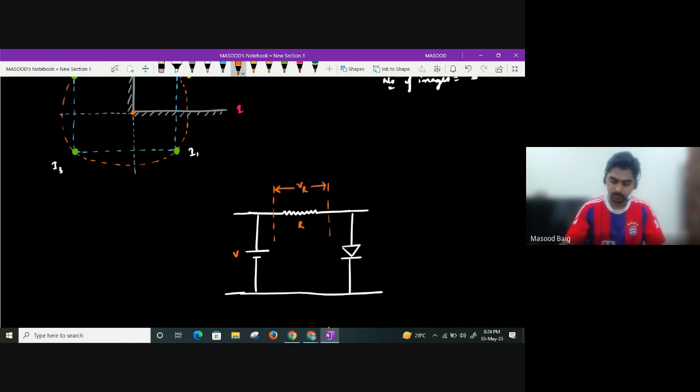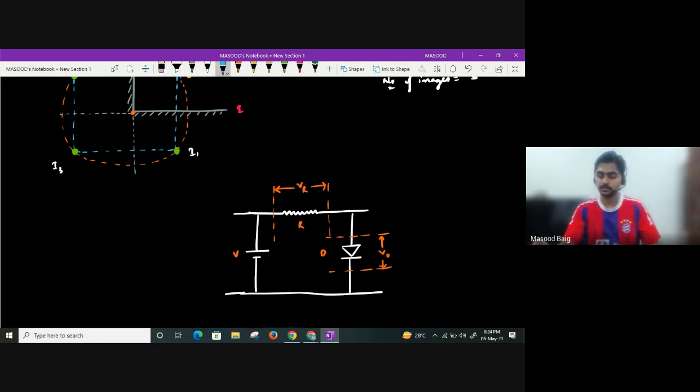Potential difference across the diode happens to be V0. They're asking us to find out: an ideal diode is connected with a DC source and resistance R as shown below. VR and V0 will be how much, they're asking.